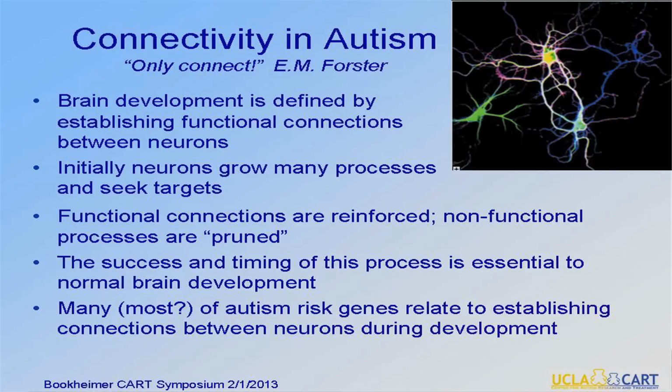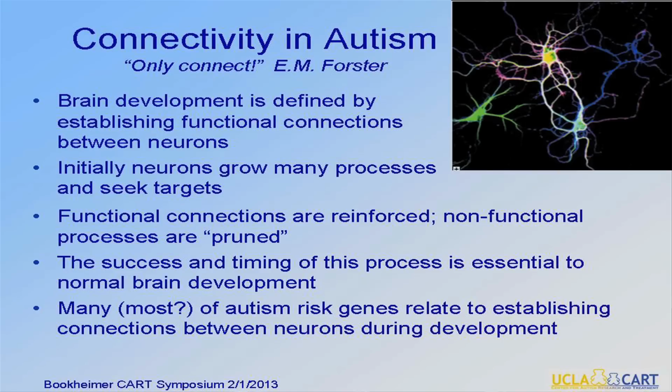So what do we mean by connectivity? Brain development is defined by establishing functional connections between neurons, like the neurons I've shown here. Initially, neurons early in life start small and grow many processes. They start sending connections all over the place, and some of these connections find good targets and some don't.